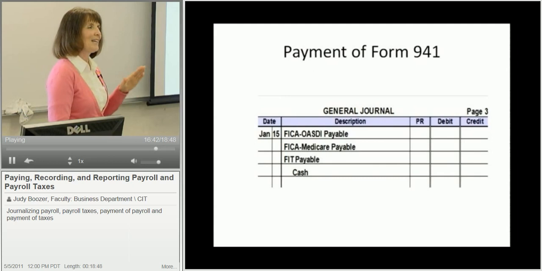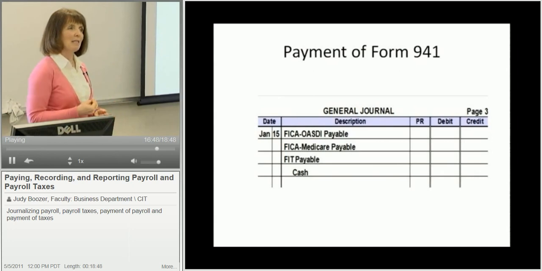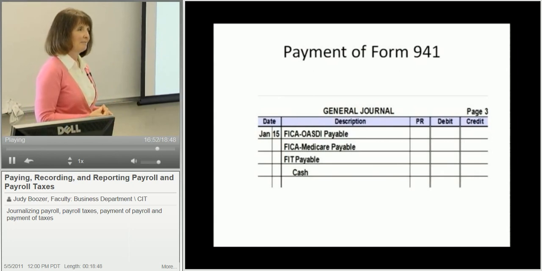Just the employee. Does the employer match it? No. So the FIT payable is going to be only what was deducted from the employee's paycheck. And once those have all been added up, you go ahead and write your check, and that's the payment of them. So those liabilities are now gone because we're paying for them with cash.